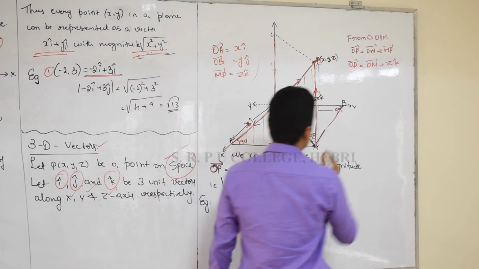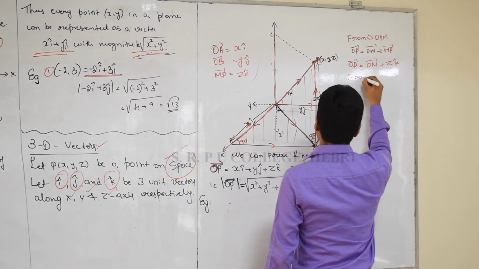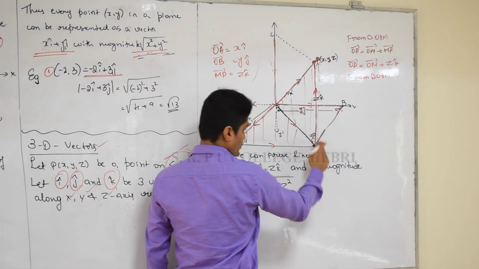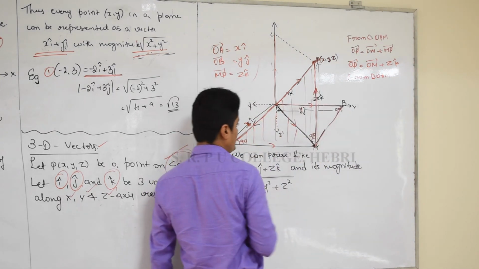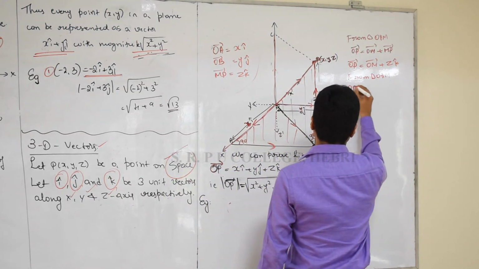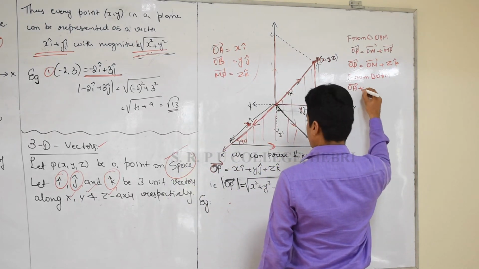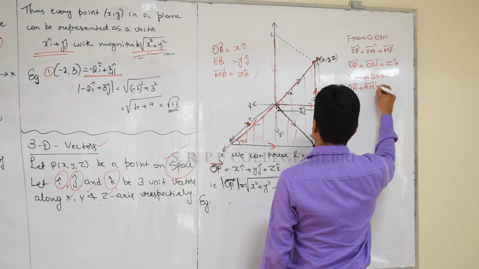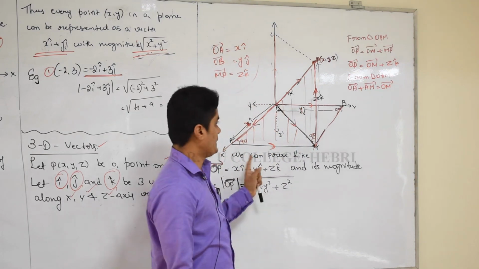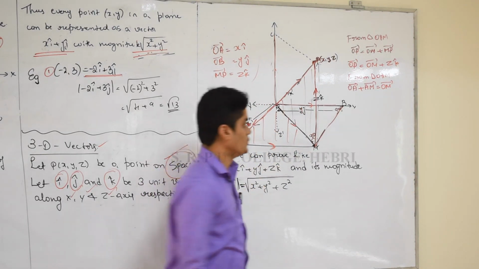Okay, so now from this triangle, from triangle OAM, I hope you can see that. These two are the same direction vector, so I can write using triangular law of addition, vector OA plus vector AM equal to vector OM, correct? Vector OA plus vector AM is equal to vector OM.